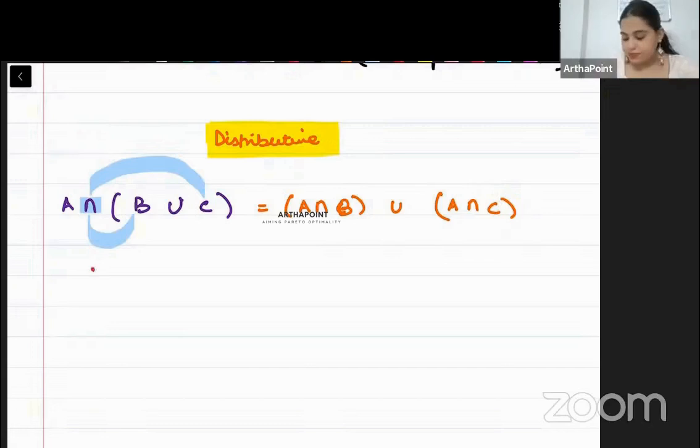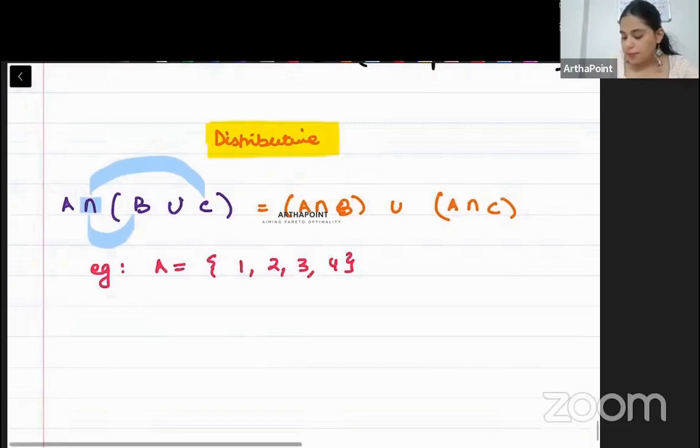Suppose example. Beta A is 1, 2, 3, 4. Beta B is 3, 4, 5, 6.